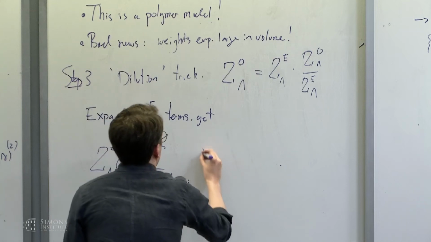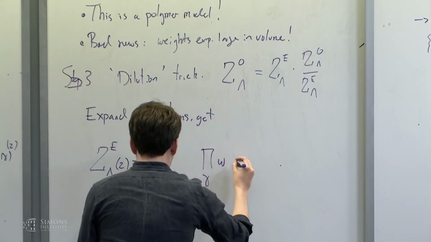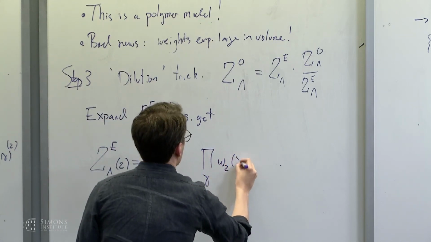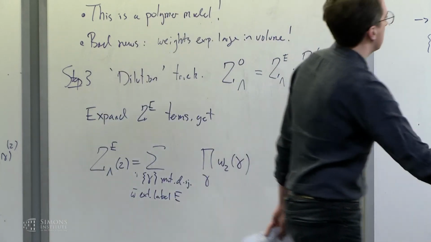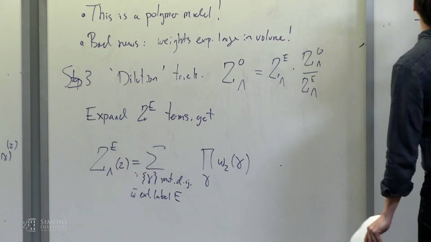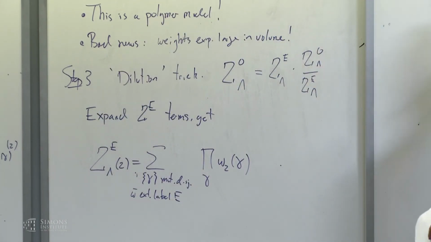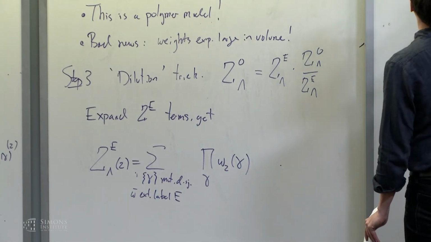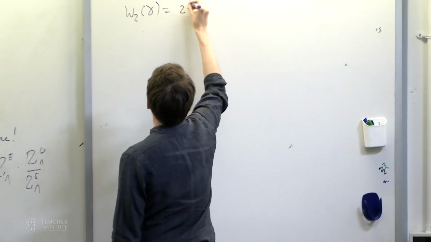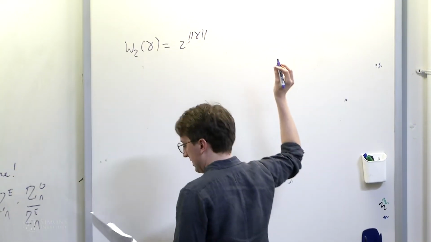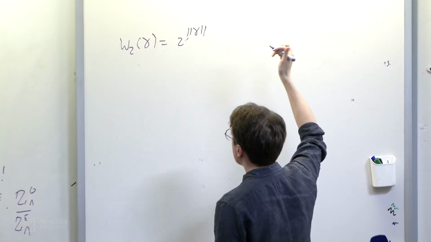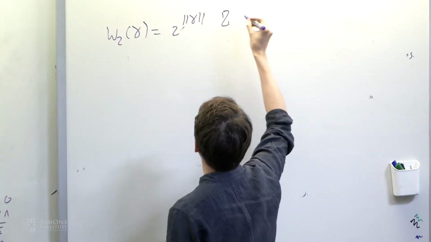Then I get a product over all of the polymers, a weight of the polymer. And what is that weight? Well, it's like the one I had before, except now I have to include this ratio of partition functions. So it's Z to the number of missing particles in the contour itself.